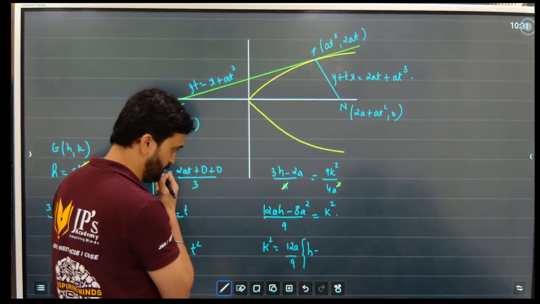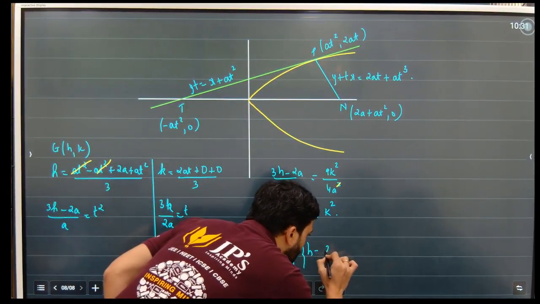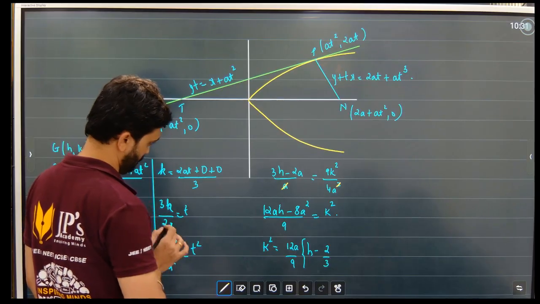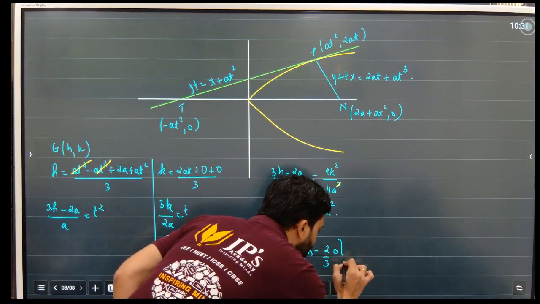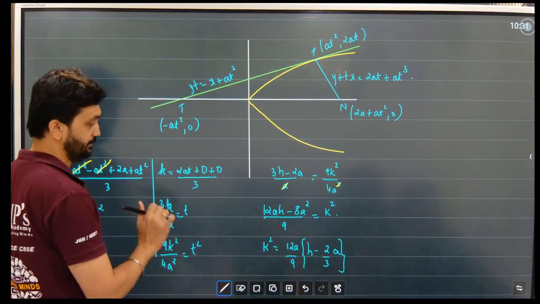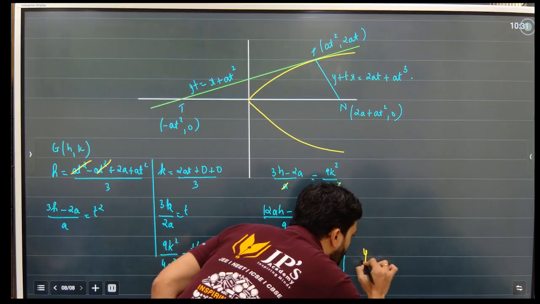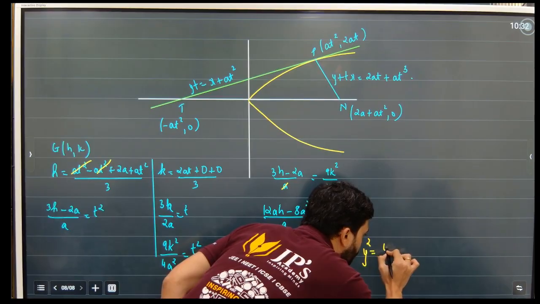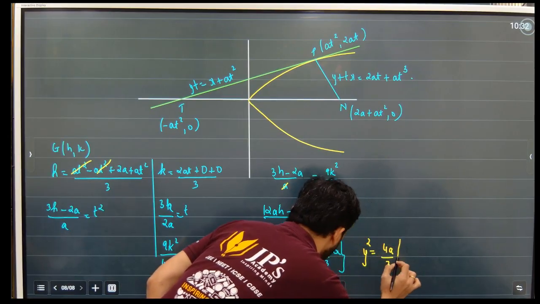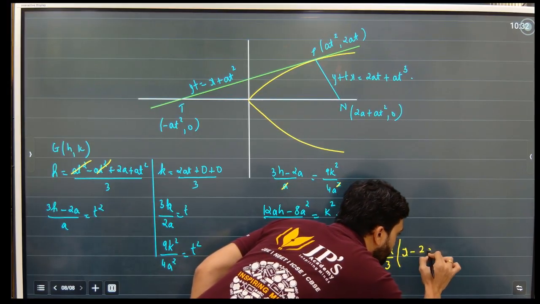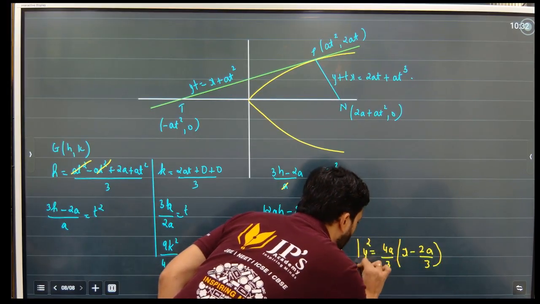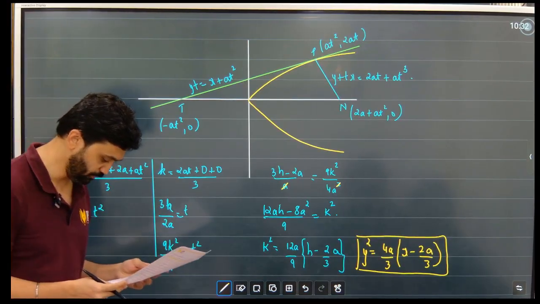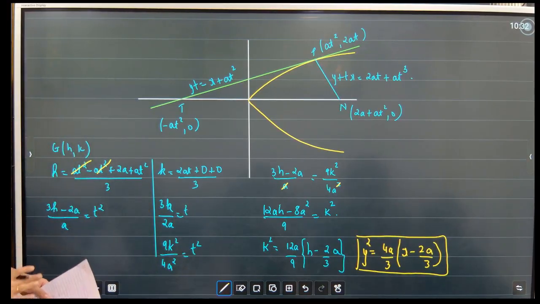So if I take 12 common outside, I will get 2/3 a, and therefore my locus is y² = 4a/3 (x - 2a/3), and I get to know that the locus is nothing but a parabola. Therefore this is the parabola.